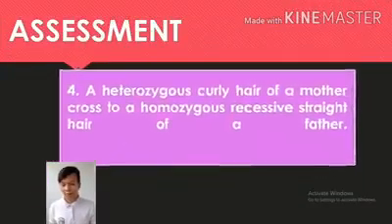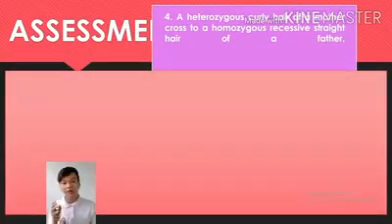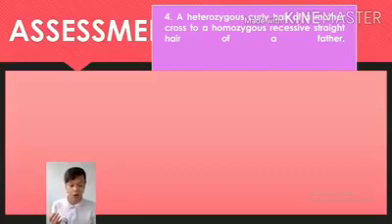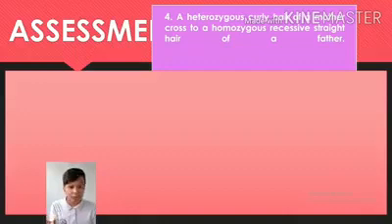Okay, to answer this problem, of course, it was said here that we have a heterozygous curly hair and a homozygous recessive trait. Therefore, the dominant trait here is having a curly hair kasi yung isa heterozygous. Therefore, yung isa sa kanyang allele is dominant, yung isa sa kanyang allele is recessive.